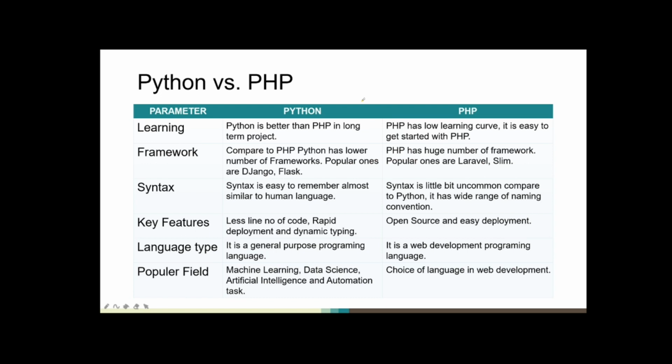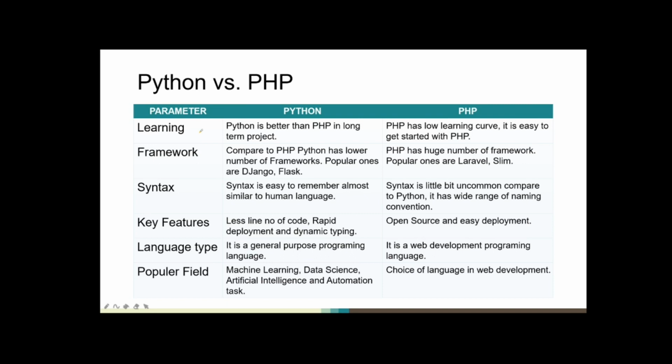Though PHP is a powerful programming language when it was originally released, it would provide the same extensibility features just like Python. But in terms of learning, Python is better than PHP in the long-term project, since the structures and the syntax are easy to remember.